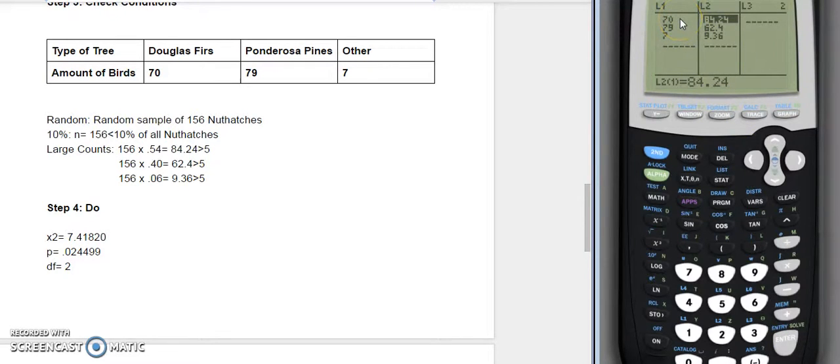For this particular problem, we saw 70 birds in Douglas firs, 79 birds in ponderosa pines, and 7 birds in all other trees. In List 2, we're going to state our expected values. Our expected values were found by multiplying the sample size by the decimal percent of each type of tree.